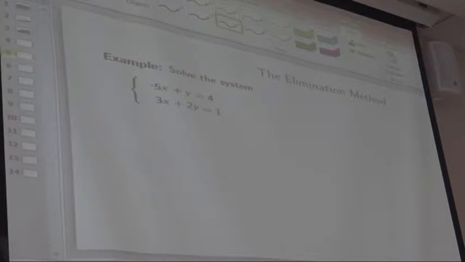If this is a 2y instead of just y, we may eliminate the y part. So let's multiply by 2, which gives 10x plus 2y is equal to 8. We multiply by 2 on both sides for the first equation, and leave the second equation as it is.